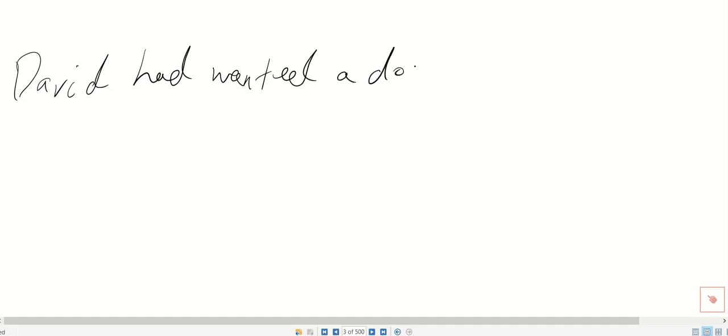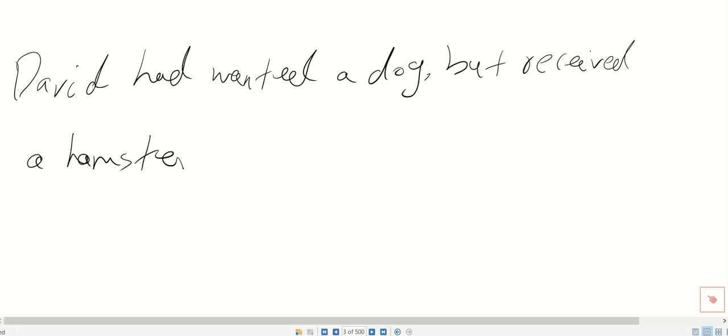So, let me write it. David had wanted a dog but received a hamster, for example. So in this case, we can see that his wish, his desire, was having a dog, but for many reasons, he received a hamster.